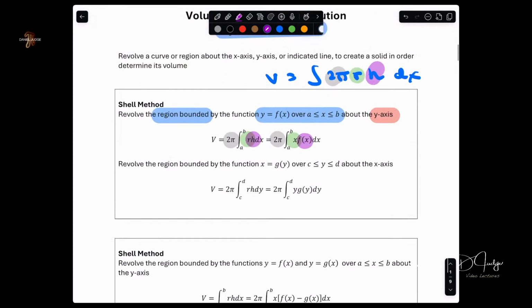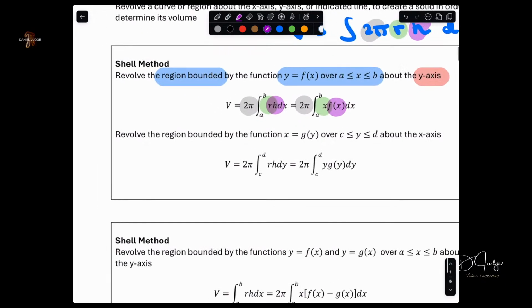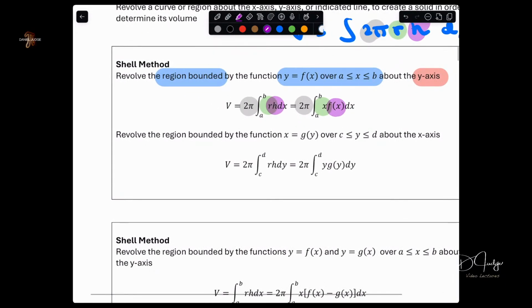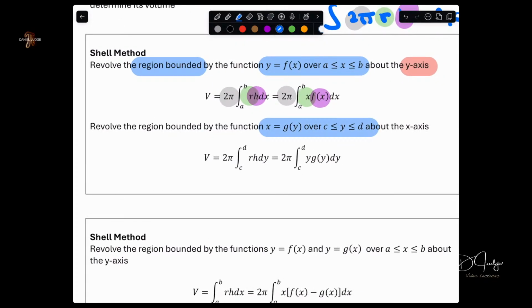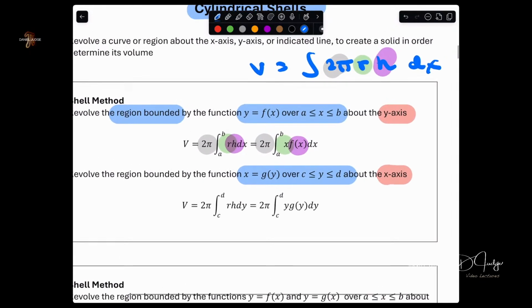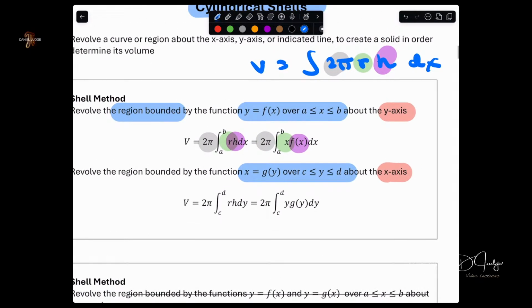We're going to start with the first type here. Of course, your region can be described as a function of y, and the rotation can be about the x-axis. In that case, we still use this formula here. However, it's going to be 2 pi r h now dy.